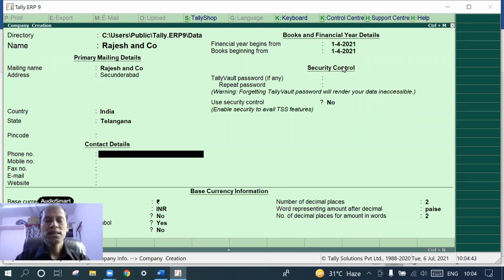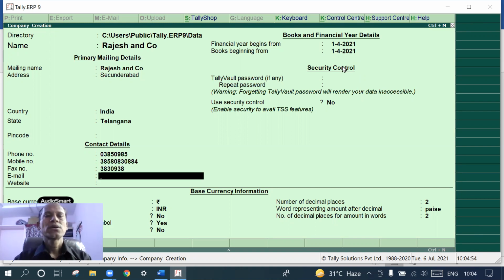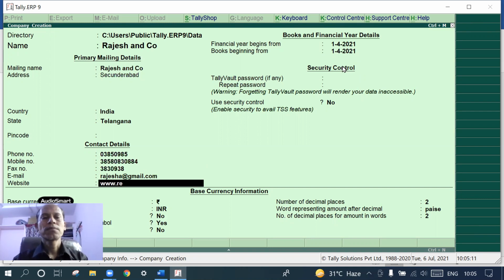And all those things, the phone number, you enter something, also a mobile number, the fax number, and the email address. Rajesh@gmail.com. Enter, and website www.rajesh.com, .com or org or other forms. Enter, enter, enter.